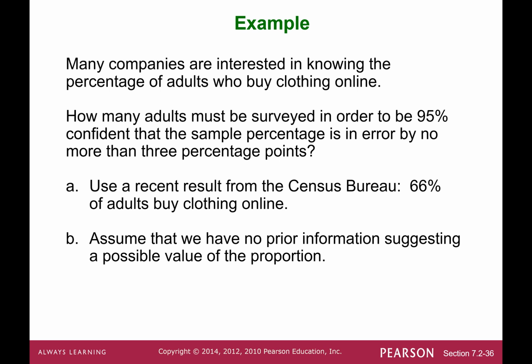So many companies are interested in knowing the percent of adults who buy clothing online. A lot of online retailers. How many adults must be surveyed in order to be 95% confident that the sample percentage is in error by no more than 3 percentage points? The critical z-score is 1.96.